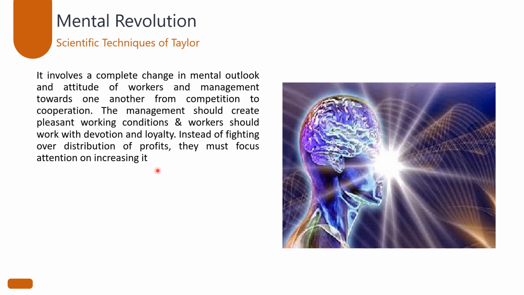So, as we have already discussed this topic previously, there is always a chance of conflicts between management and workers. They tend to behave in a certain way which is not pleasant for the other in many of the cases. So, Taylor recommends mental revolution, which means you don't have to change yourself absolutely to adapt to the other party.